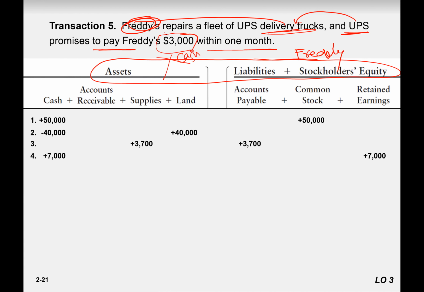So the repair is their sales. They sold their services repairing the delivery trucks, but their customer UPS said they will be paying after 30 days. So which two accounts? Accounts receivable? Well done. And retained earnings?